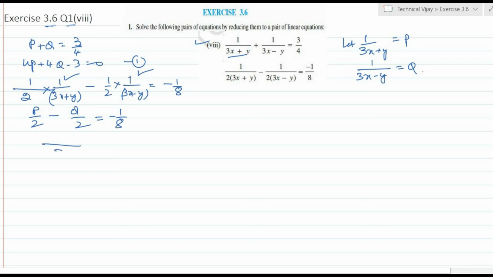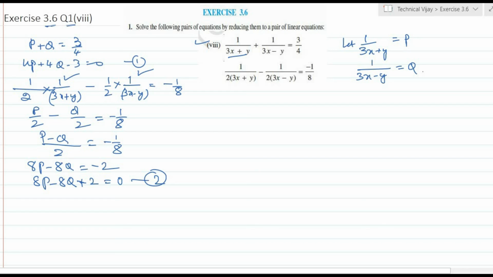So LCM will take 2, p minus q is equal to minus 1 by 8. So here 8p minus 8q is equal to minus 2. So this can be written as 8p minus 8q plus 2 equal to 0. So this is the second equation.